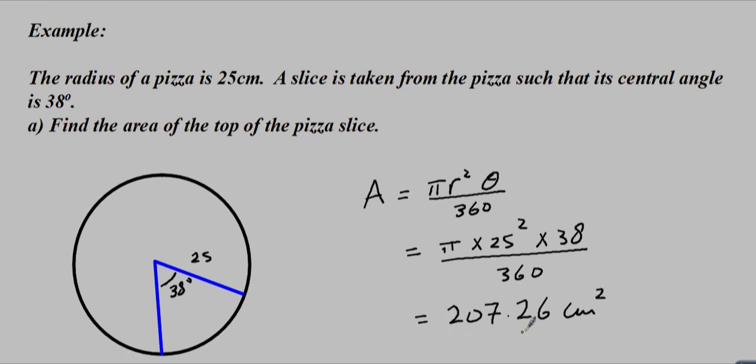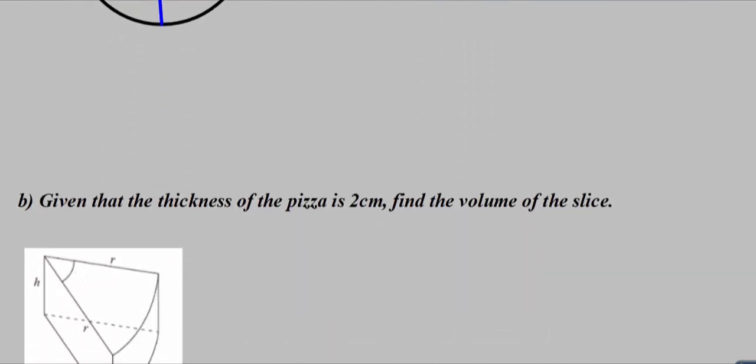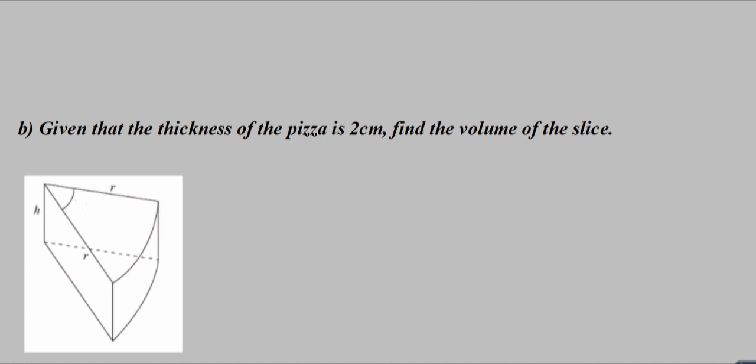And I've taken this value to a higher degree of accuracy because I know there is a section B of the question. It says that if the thickness of the pizza is 2 centimeters, so this is the thickness of the pizza, we want to find the volume of the slice.